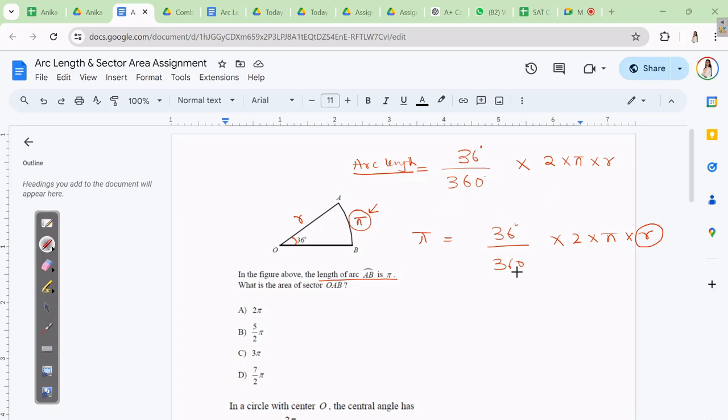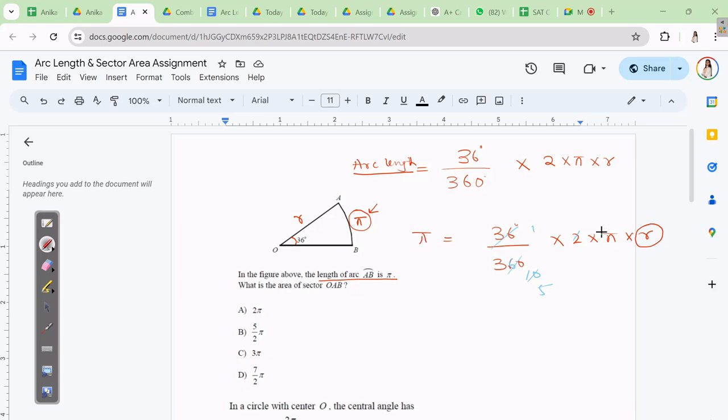First of all, this is 36 over 360 here. You can simply simplify this, so 36 goes 10 times, 36 times 10 will be 360. So it'd be 1 over 10. And then you have this 2, so 10 again goes 5 times, so 1 over 5.